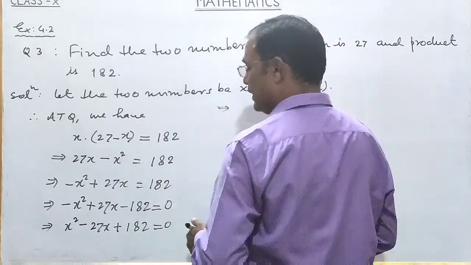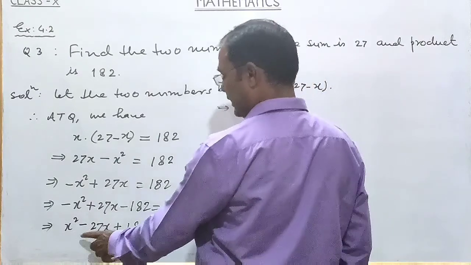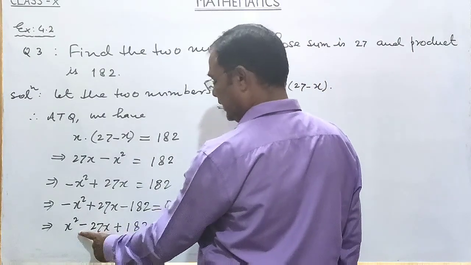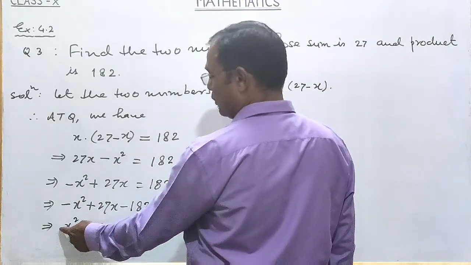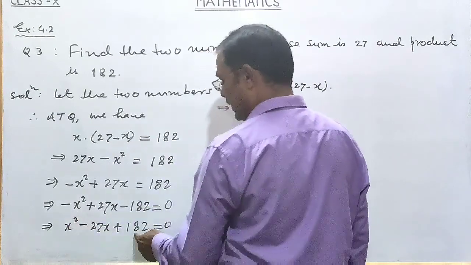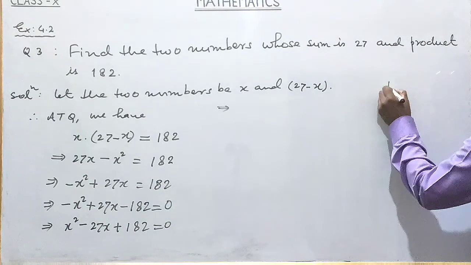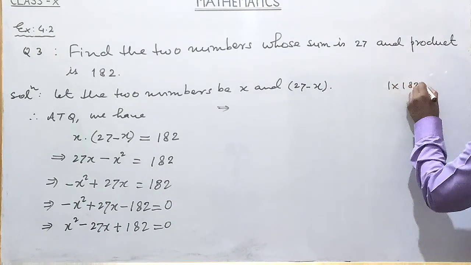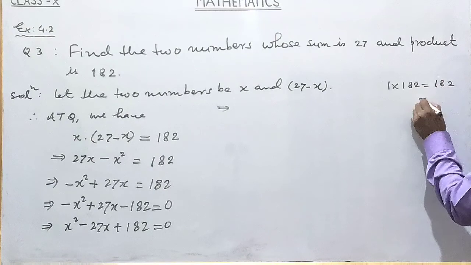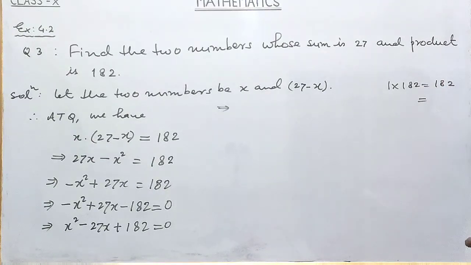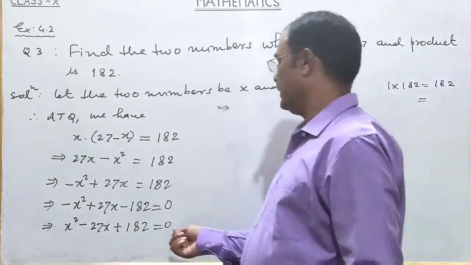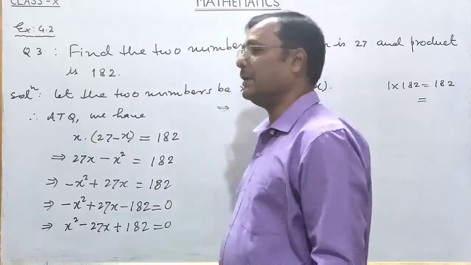To solve this quadratic equation, we have to factorize left hand side, and to factorize, coefficient of x square is 1 and constant term is 182. So 1 into 182 is 182. Now factorize 182 and find two factors of 182 such that sum of two factors is 27.